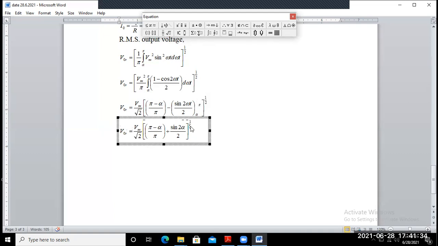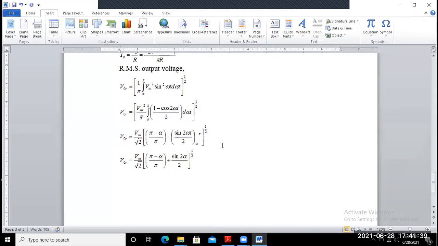Okay, so this is your RMS output voltage.